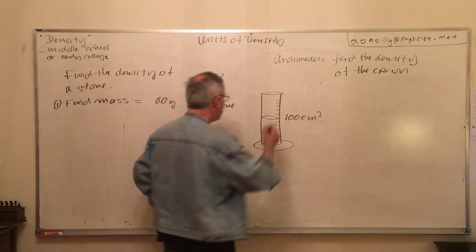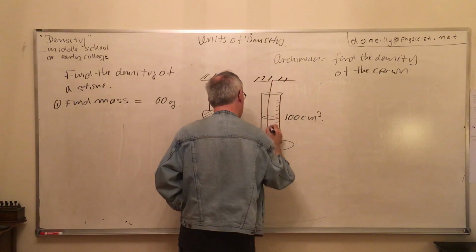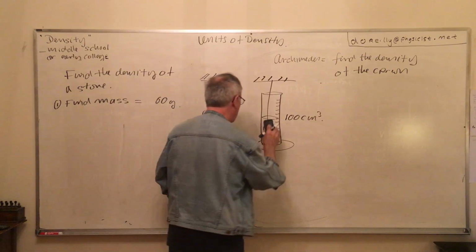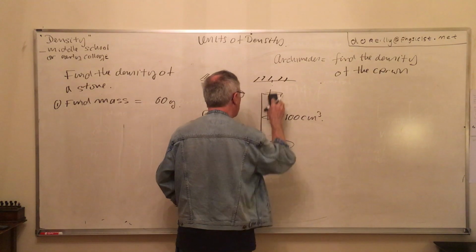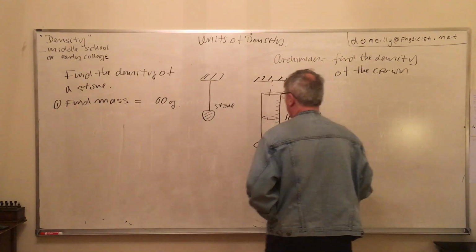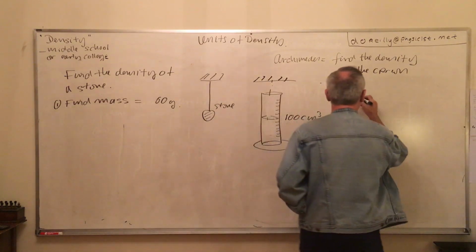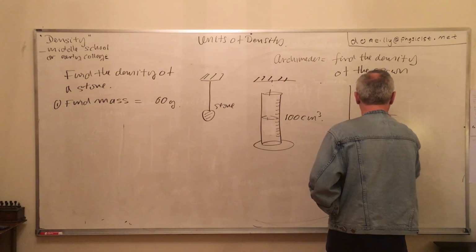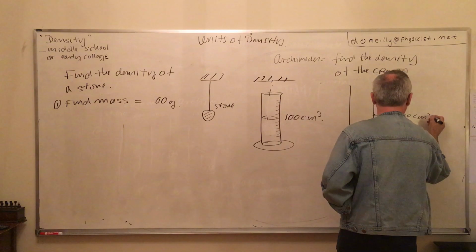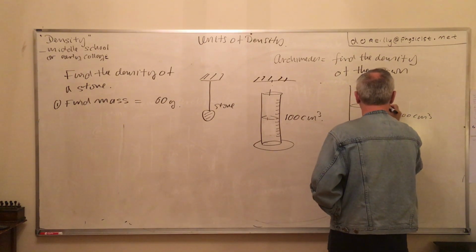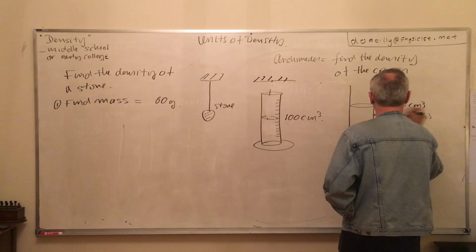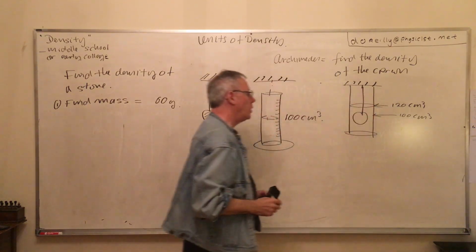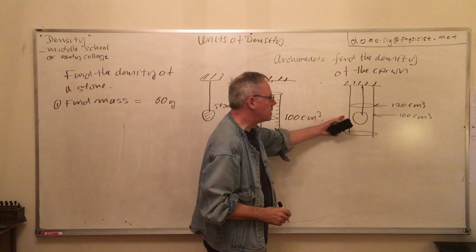Now, we take the stone, and then we lower it into the graduated cylinder. Now, what happens to the water? When the stone is lowered into the water, the level of the water rises, goes up.